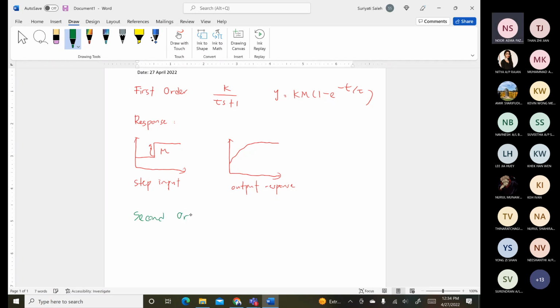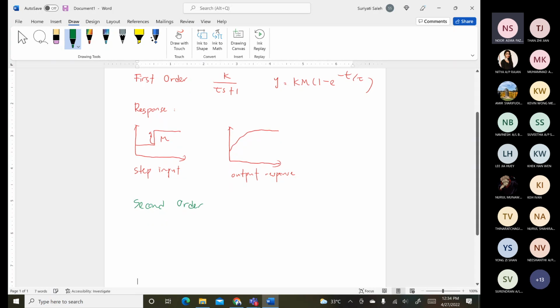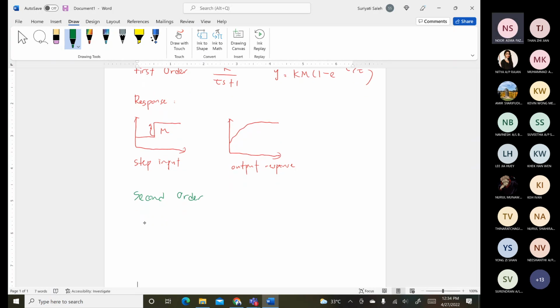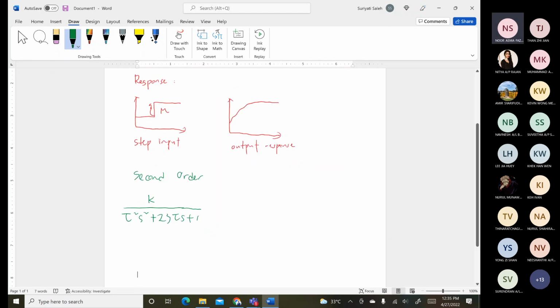So the problem is that the second order has different categories. First of all, we have the form K over tau square S square plus 2 psi tau S plus 1. So you have the damping coefficient. This damping coefficient will determine which category of the second order.